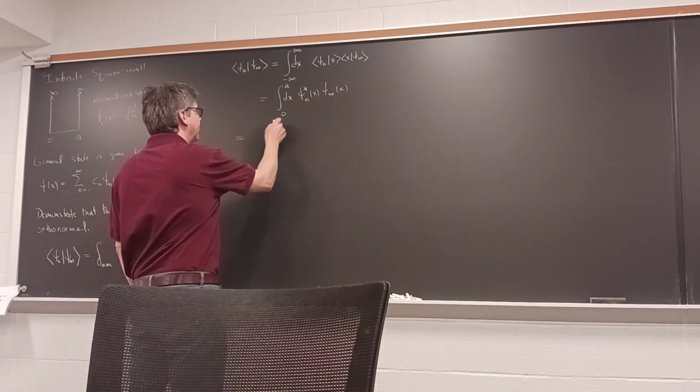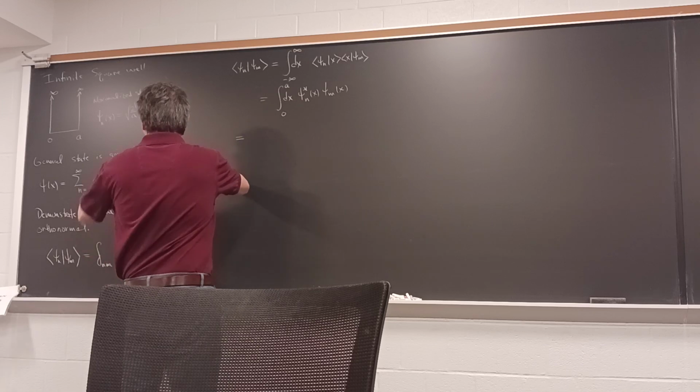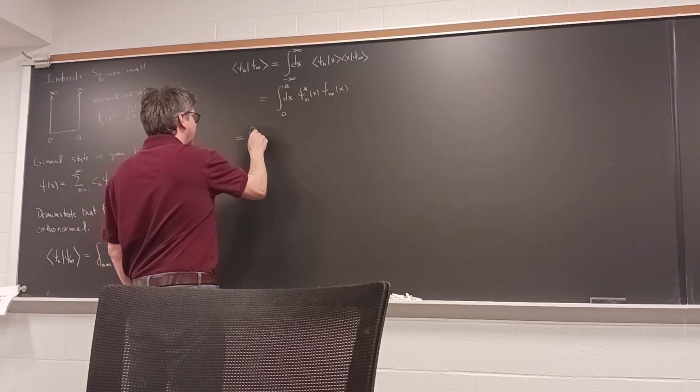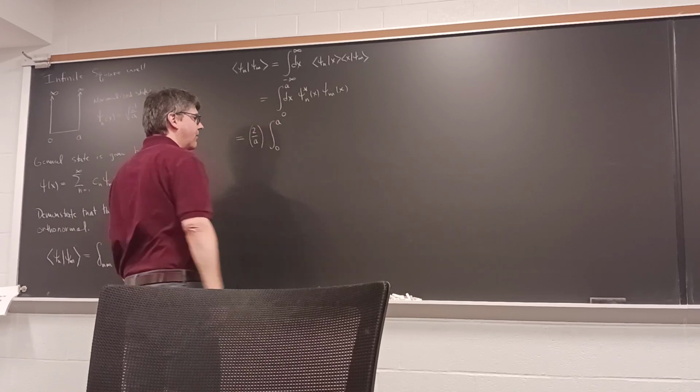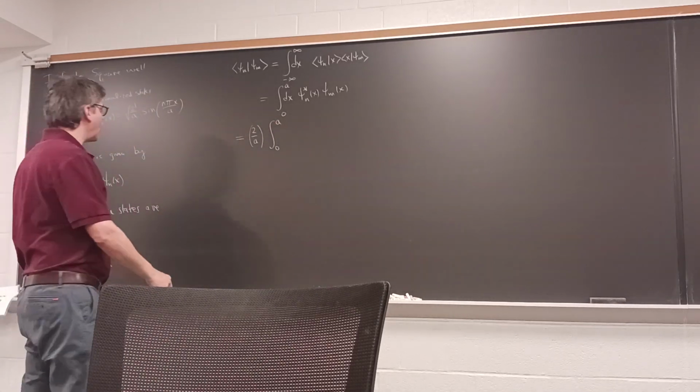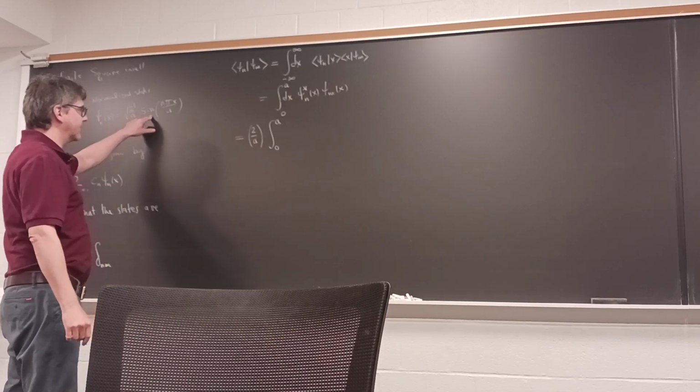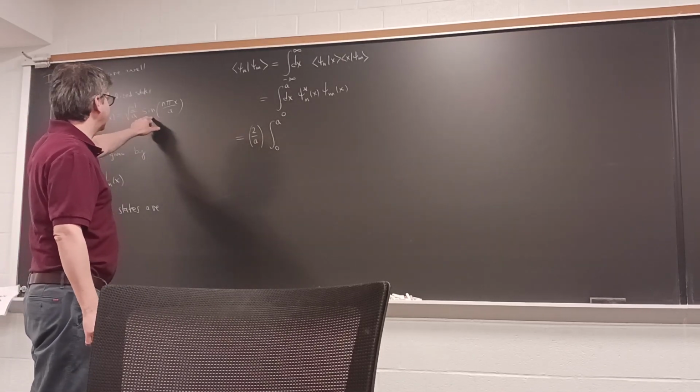To do that, we can write the prefactor, 2 over a, and then the integral from 0 to a. Instead of writing sines and cosines here, we'll use the exponential.